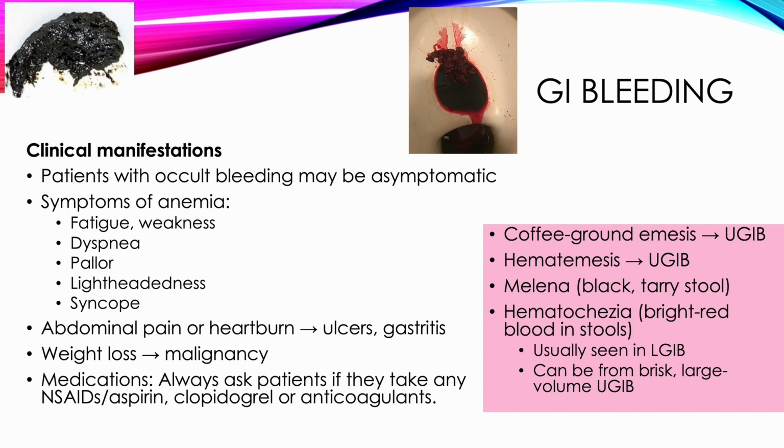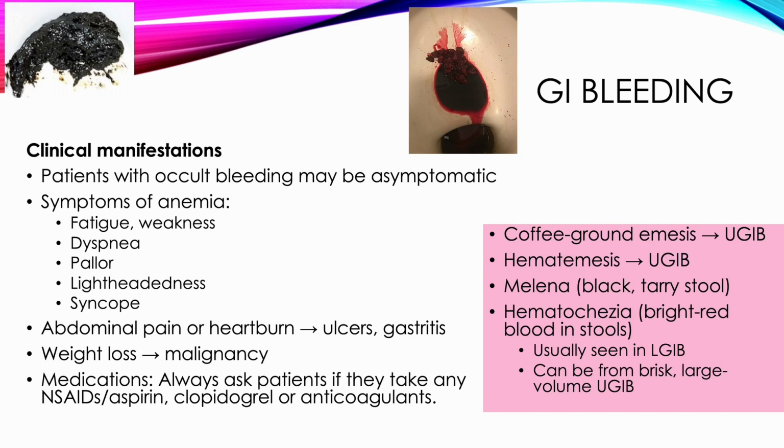Other clinical manifestations of GI bleeding, depending on what the etiology is: abdominal pain, heartburn, for instance, for ulcers or gastritis. Anytime we see weight loss associated, we would think malignancy first. And then always make it a point of asking, for those with GI bleeds, what medications the patient's on, especially looking for things like NSAIDs, aspirin, or blood thinners, that kind of stuff.